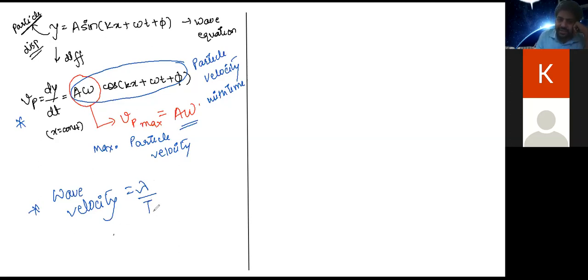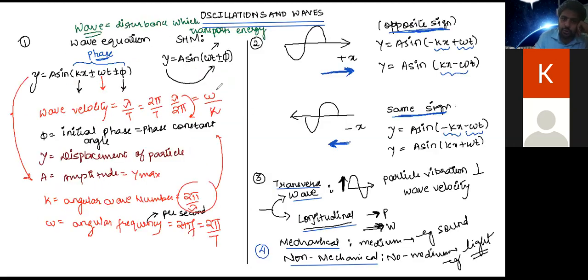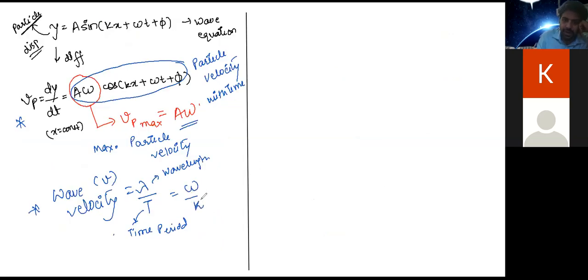So this is the time period and this is the wavelength. Wavelength per unit time period gives me wave velocity, which we just proved equal to omega by k is equal to v. Wave velocity is omega by k.